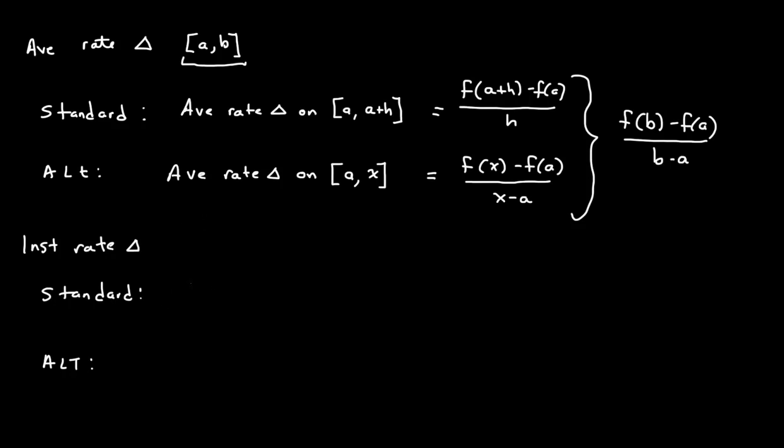I'm going to introduce a little bit of notation here. I'm going to say f prime of a. This is a fancy way of saying the derivative of the function at x equals a. The prime represents notation to say derivative or slope. So one would read this as, what is the slope of the function f at the point x equals a?